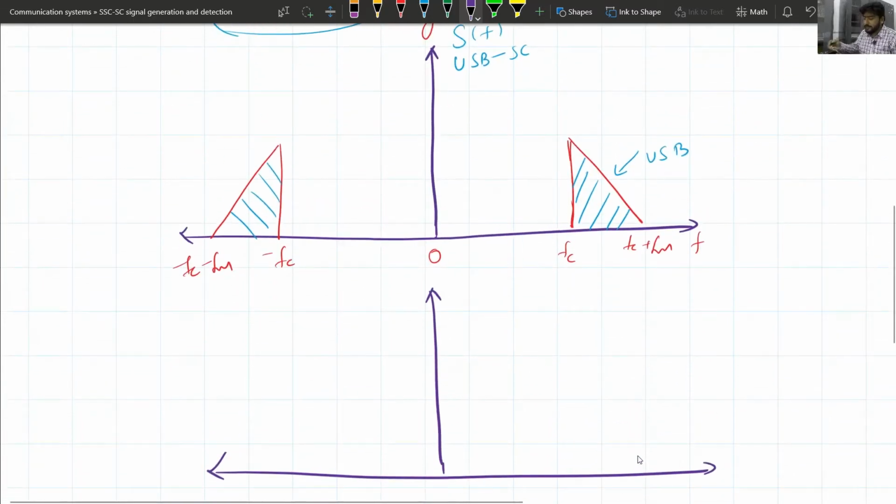Or suppose we are interested to transmit the lower sideband, then this signal will be called the lower sideband suppressed carrier.